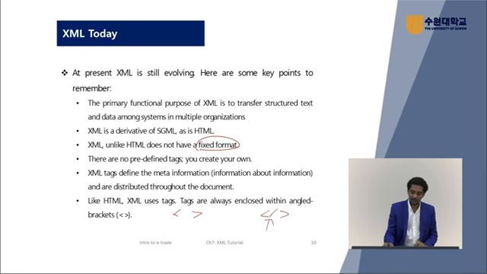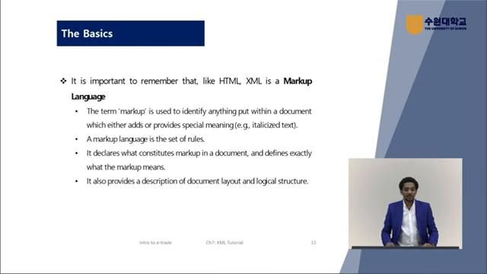So this forward slash shows that we are closing a tag. And the other important thing is in XML you have to close the tags that you have opened, right? That's very important.